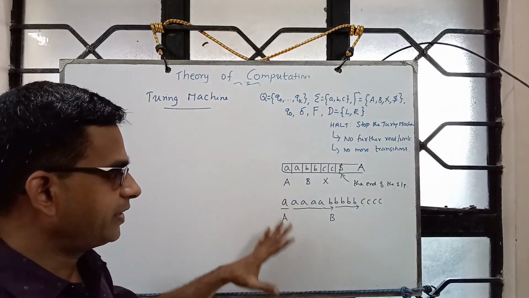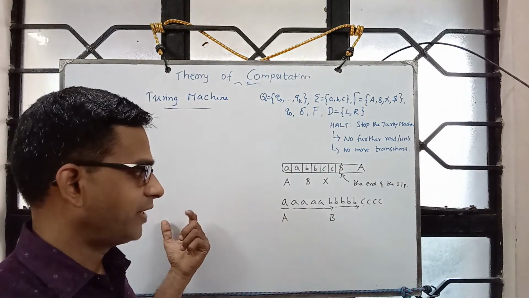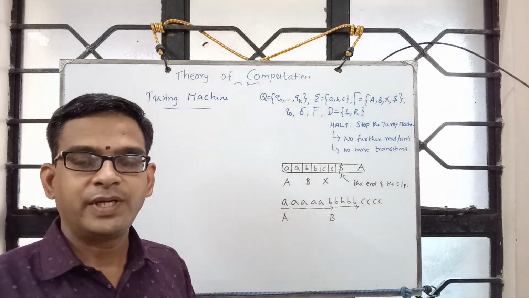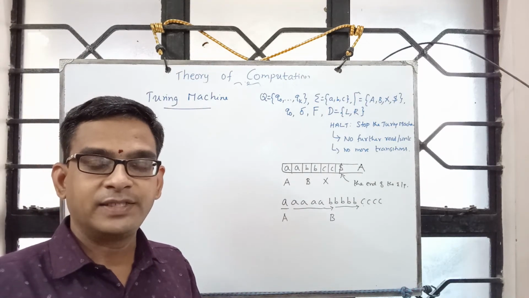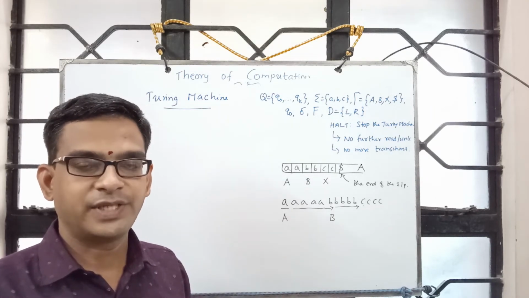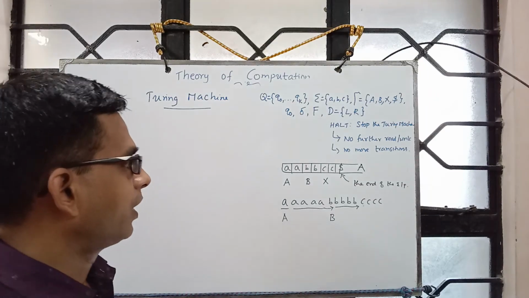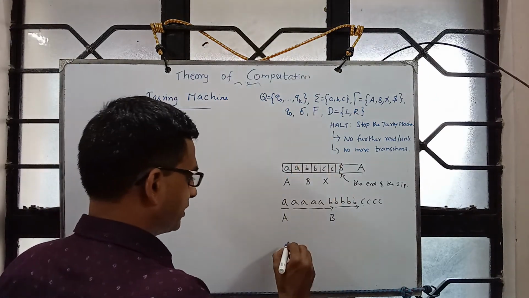At some point in time, you come across an invalid input. Some of them we have already highlighted. You conclude it is invalid, and you enter a reject state, and the moment you enter a reject state, you say it is invalid. But for both the reject state and the final state, you must stop the machine.